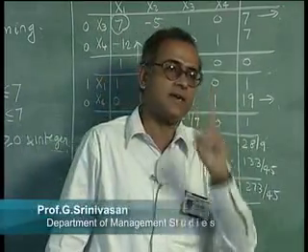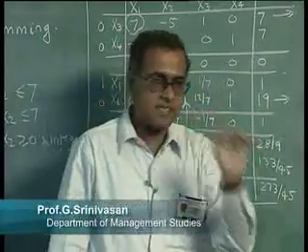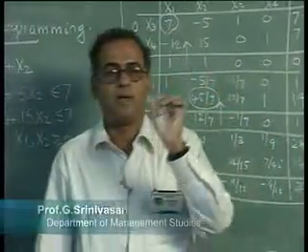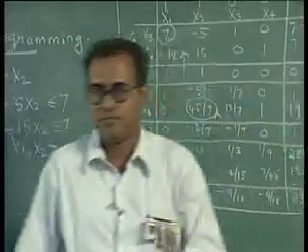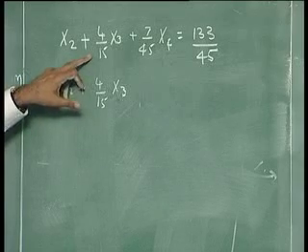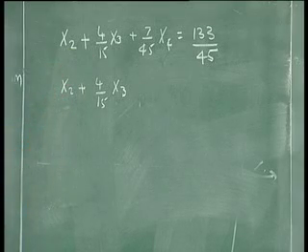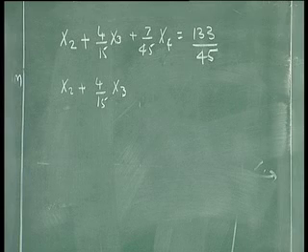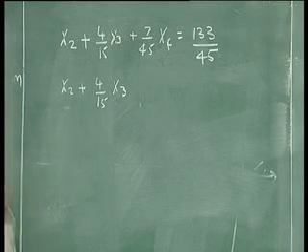I will always write it as an integer plus a positive fraction, which means if it were minus 4 by 15, I would have written it as minus 1 plus 11 by 15. I should always write it as an integer plus a positive fraction.